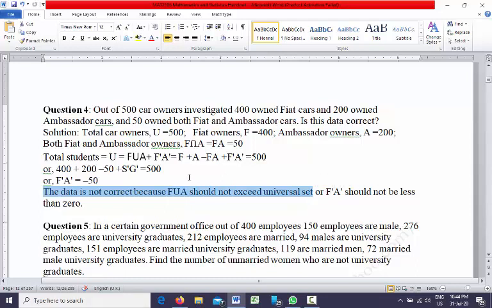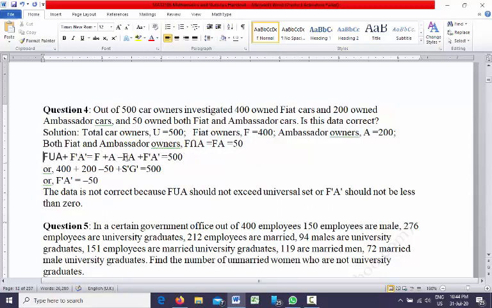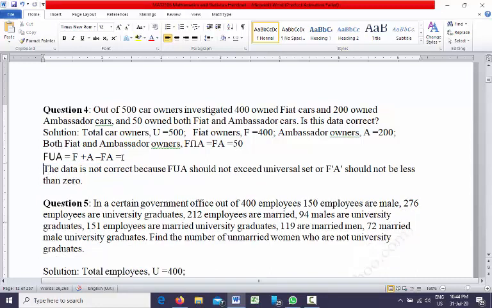I can also prove it in another way. Let us find what F union A is. F union A is F plus A minus FA.